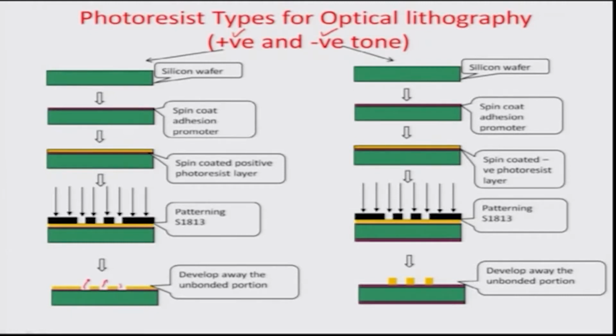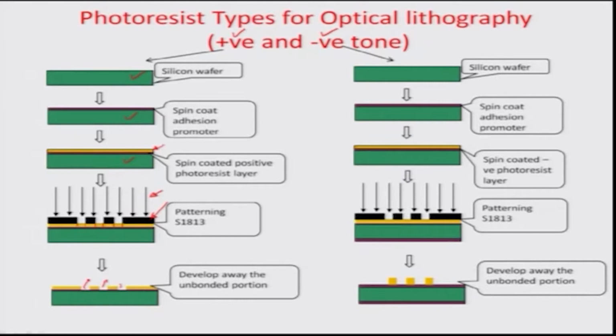So you can see here, for example, this is a silicon wafer coated with some kind of an adhesion promoter layer. Then you have a spin coated photoresist, which is visible as this yellow layer. There is a mask here, so this black layer, with selective exposure at places which have an open window to the light beam falling on top of this mask, as a result of which there are some chemical changes induced in the zone where light is falling, for example in these particular zones.